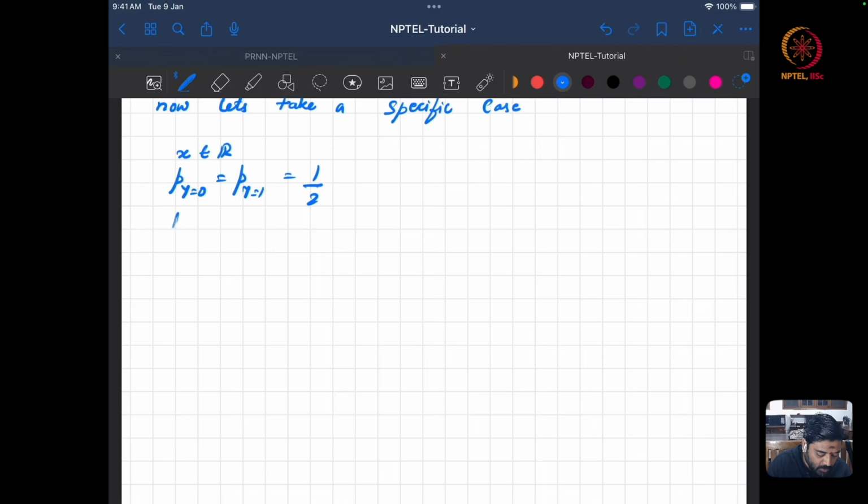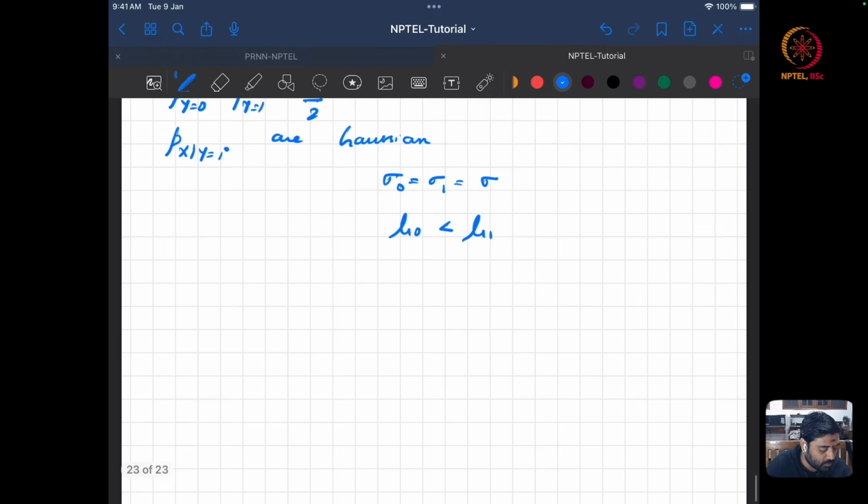And then the class conditionals, X given Y equal to i, are Gaussian distributions. Now, when I say Gaussian, let me put certain conditions: sigma 0 is equal to sigma 1 is equal to sigma. Okay, and then without loss of generality, I'm assuming that mu naught is less than mu 1.